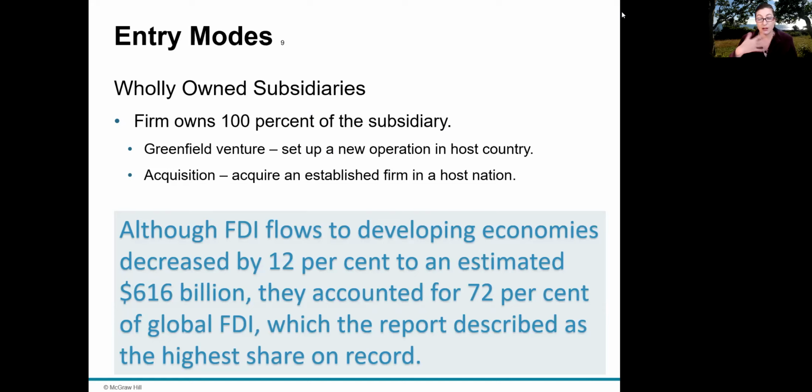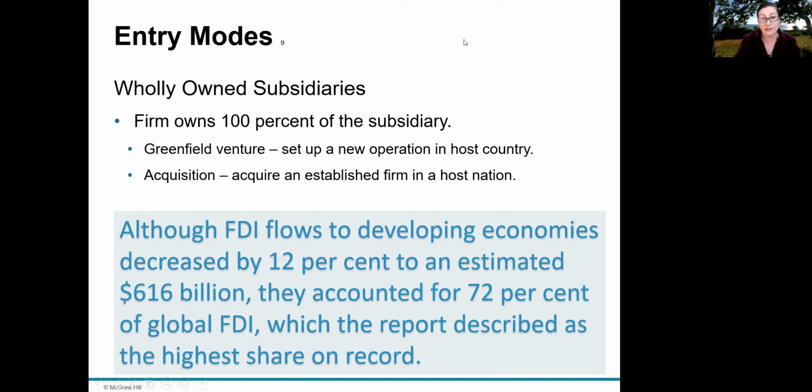Okay, so currently foreign direct investment flows to developing economies decreased by 12% to an estimated $616 billion. These are current figures. And that accounted for 72% of global foreign direct investment.